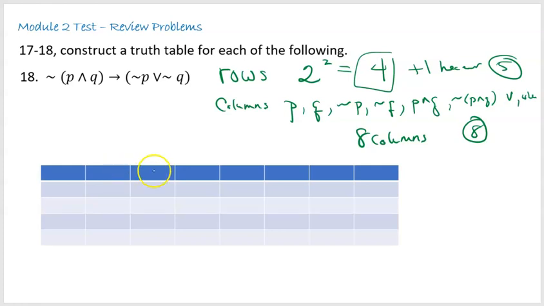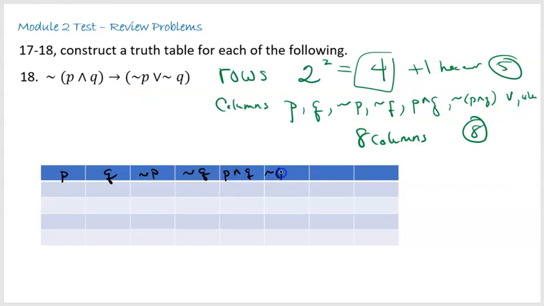So let's fill in our header row up here with all of our column headings. So I have a P for sure and a Q. And then we have a negation of not P and not Q. Pretty standard for a lot of our truth tables. But then I have my set of parentheses P and Q. But then I have to negate that.